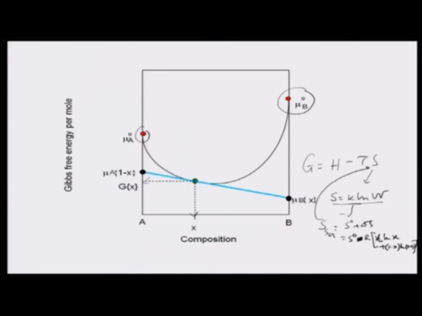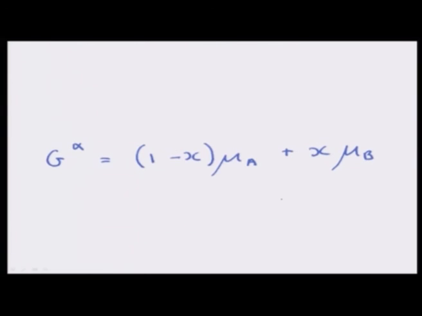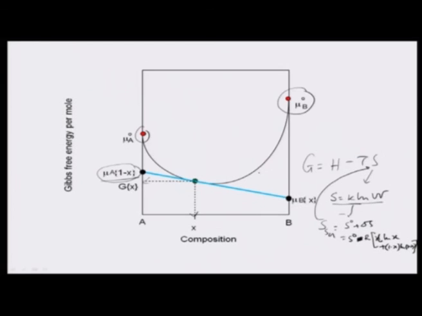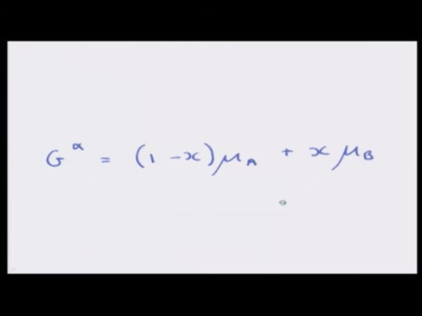In fact, you can easily draw a tangent at this point and get the chemical potential mu at pure A and at pure B like this. Therefore, G is nothing but (1 minus x) mu A plus x mu B. Clearly you can see why, because this straight line has this part and this part, and the summation of that is the free energy at x. This is what is known as the tangent to curve rule.